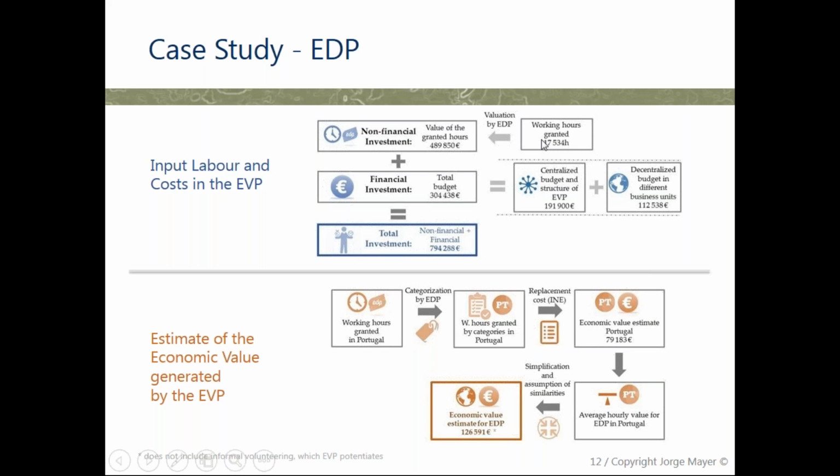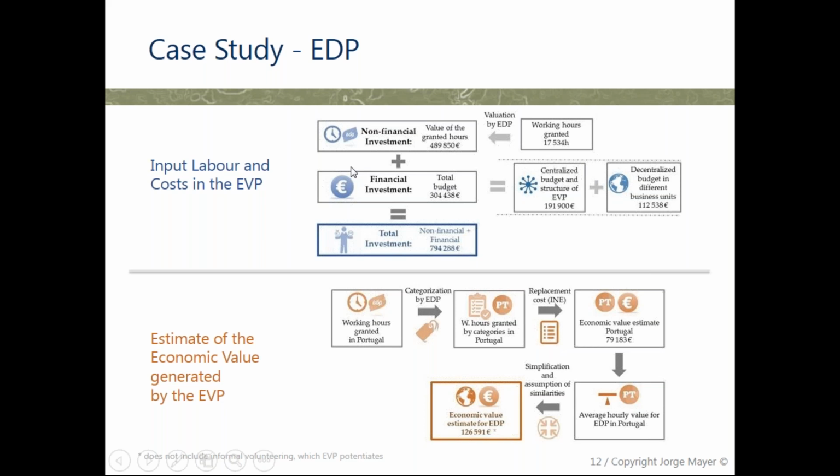And we know the value of the hour of each worker, so we have this valuation by the company, and we know the exact value of the granted hours. Then we add this to the budget, which has a centralized part and a decentralized part. The total investment that EDP made was almost 800,000 euros in that particular year.